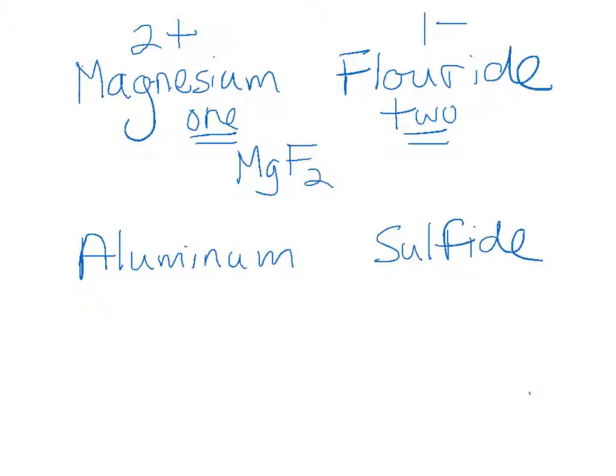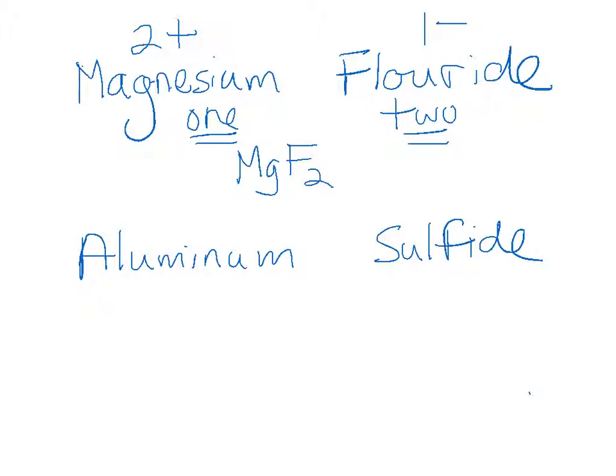Now we'll look at the second example, aluminum sulfide. Remember, look at your periodic table, find aluminum. It's sort of on the right side. It's in group 3A or 13. And you'll remember that aluminum is one of the positive ions, metal ions, that you know the charge of.